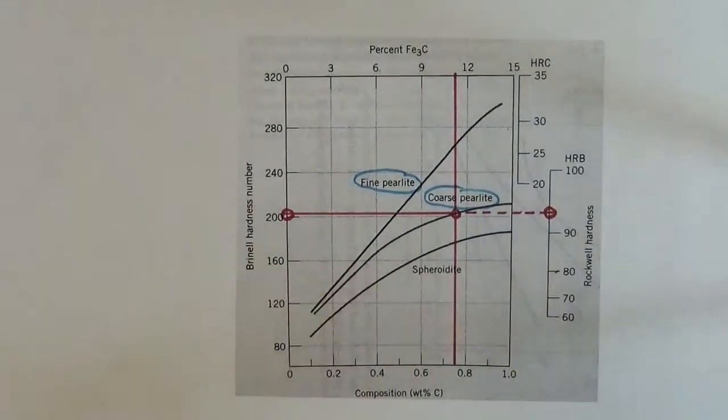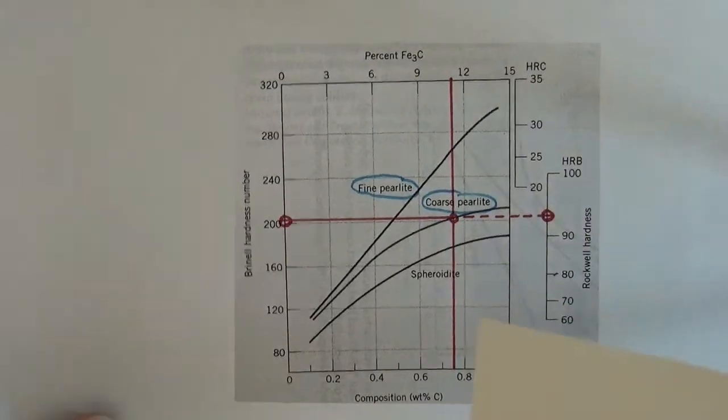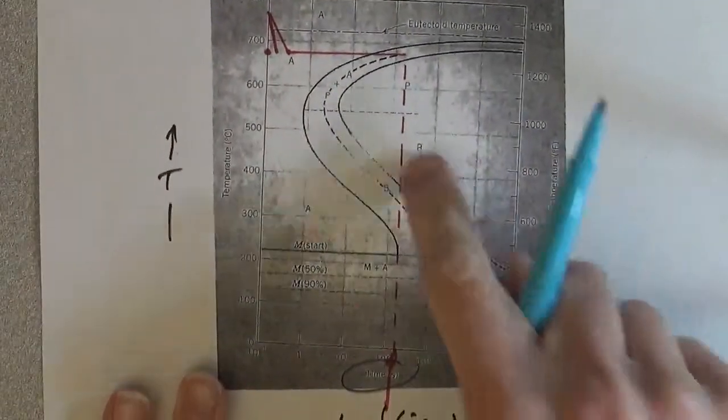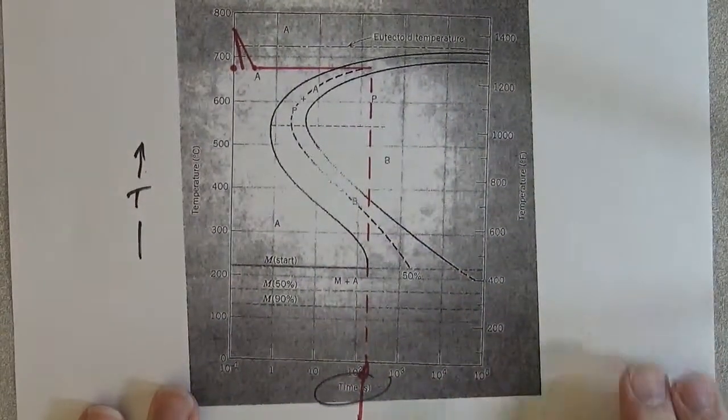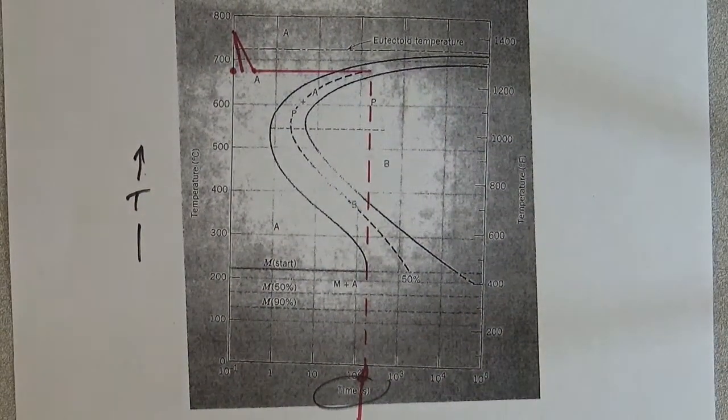And from what it sounds like, you can't determine that from a TTT curve. You really need a CCT curve, such as this.